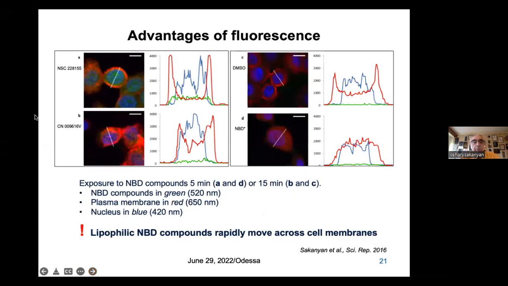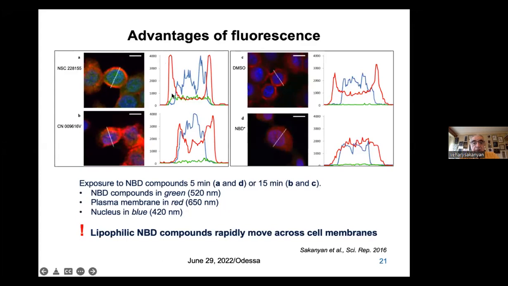Okay, so first of all, to confirm that this lipophilicity is important for the transferring of the molecules. As you can see, compound 55 can go through the membrane, and here, in green color, we have a presence of this compound in the cytoplasm.